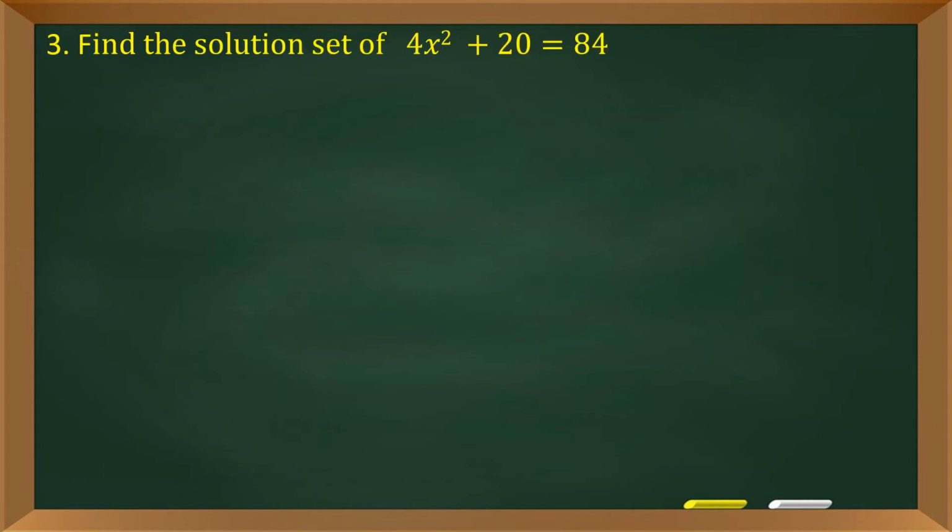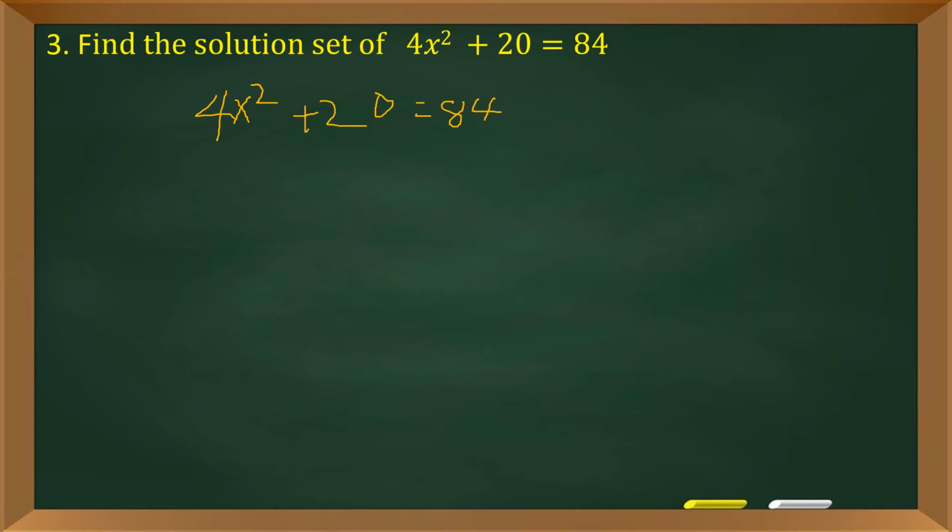Okay, on our next example, as you can see, we have to do simplification again by combining similar terms. So 4x squared, which is the quadratic term, plus 20 is equal to 84. But 20 and 84 are similar terms.